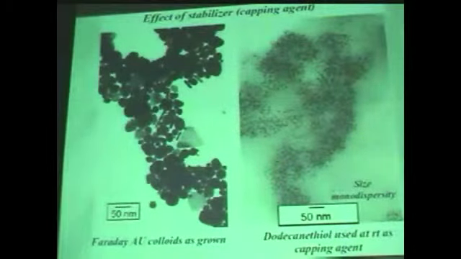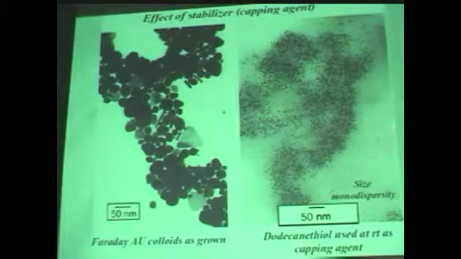Here you can see the comparison of the TEM images obtained by the Turkevich method here, and here by the methods in organic solvents.